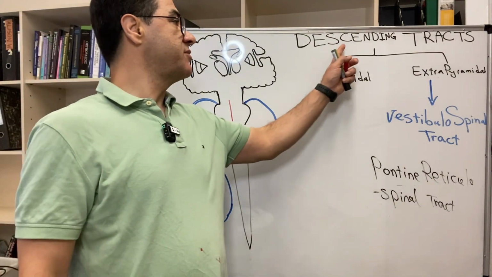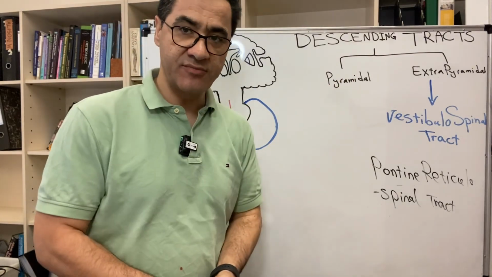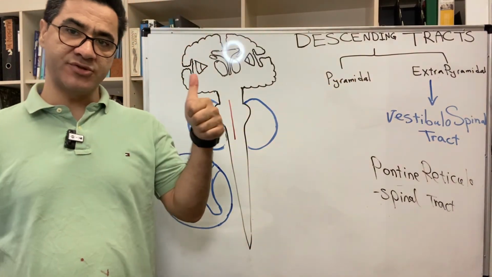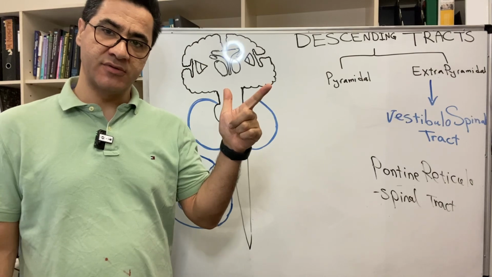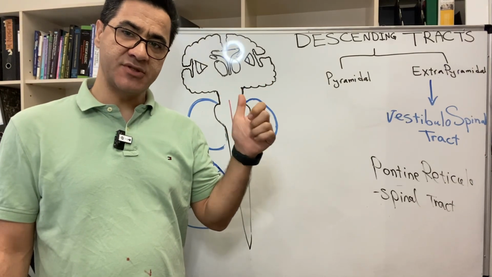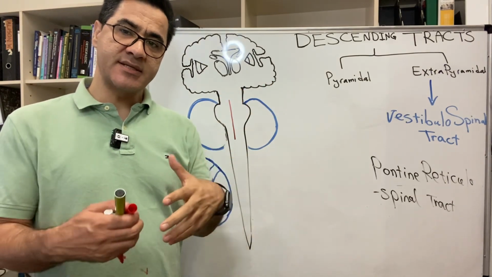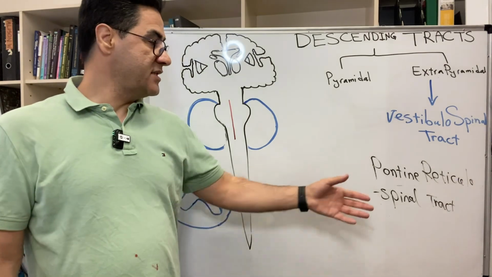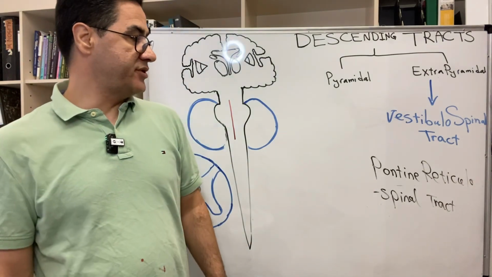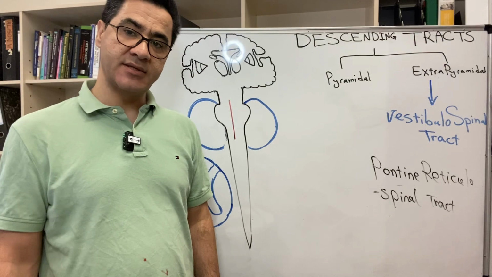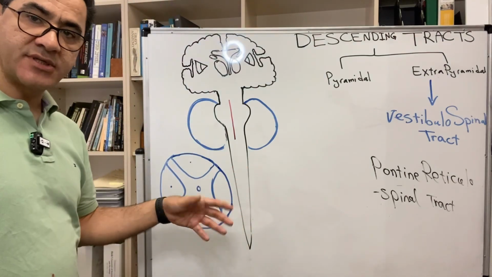So as I mentioned in my previous video, descending tracts is comprised of two neurons, upper motor neuron and lower motor neuron. So where is the cell body of these two neurons, where they are synapsing to each other, and what is the function of the Pontine Reticulospinal Tract? So I'm going to answer all those questions one by one.